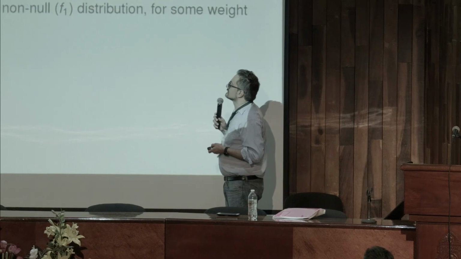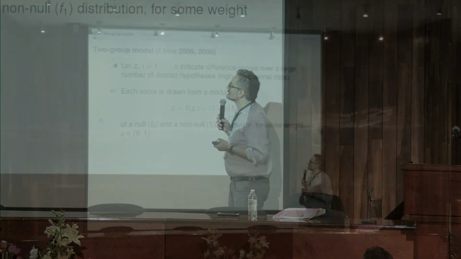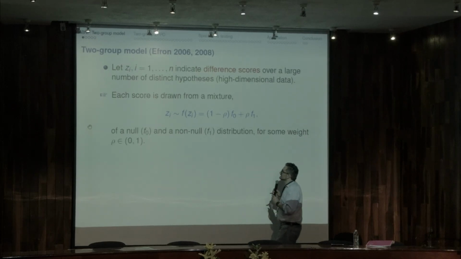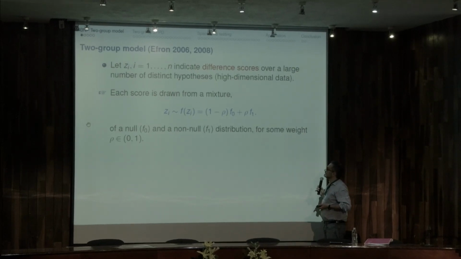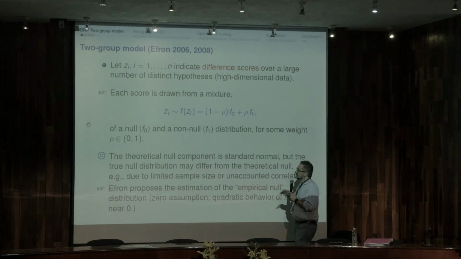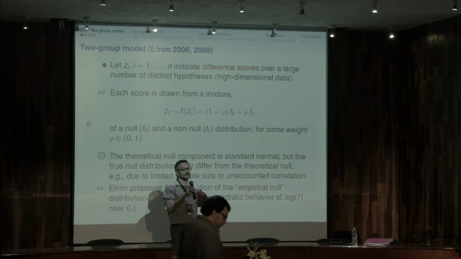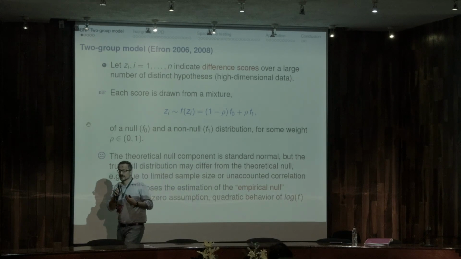The first point that Efron makes is that if we follow theoretical mathematical statistics, F0 should be a standard normal distribution in most cases. This is what he refers to as the theoretical null.